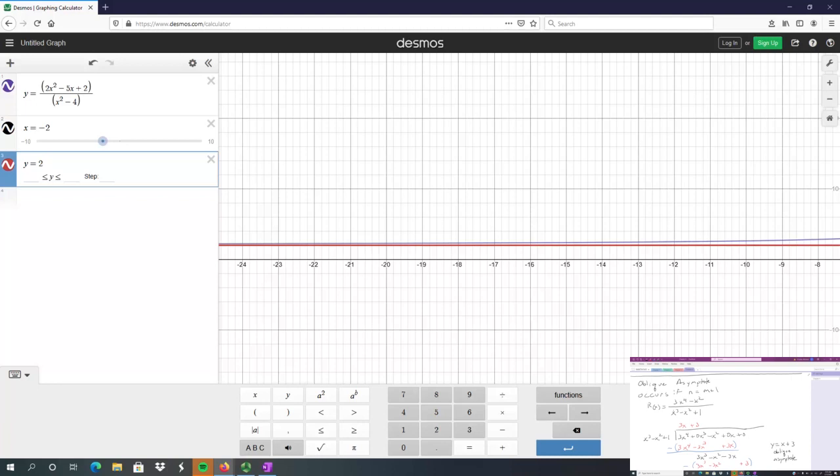Well, then the other thing then is, okay, given a graph, what is a possible rendition of the function that went with the graph? Right? So let's say we had a graph, and so let's go back to our other screen.